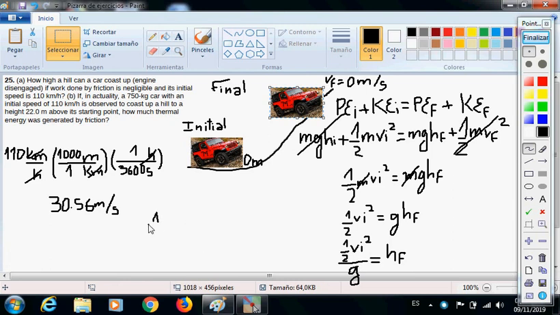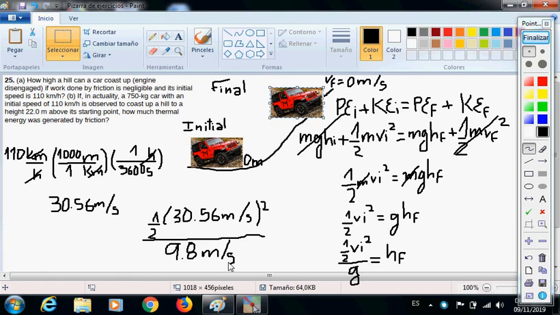That will be half of 30.56 meters per second squared, and all of that divided by 9.8 meters per second squared.